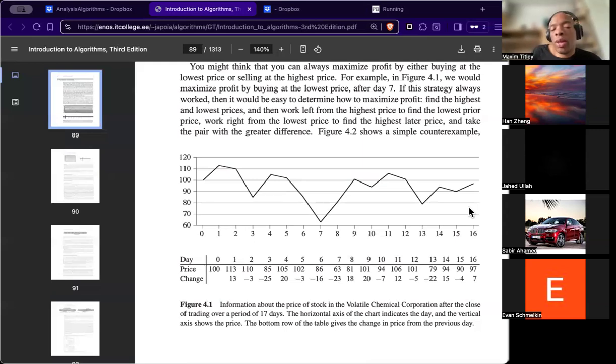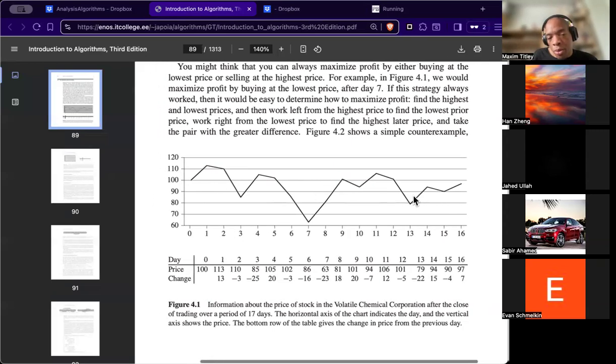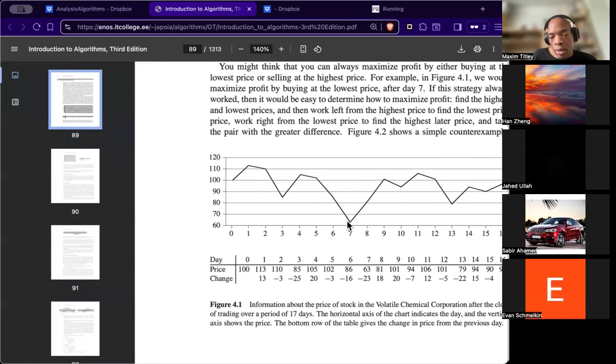Now, remember that we found that the highest profit would be found if we were buying at 7 and selling at 11. Okay, so it's not the same as 7 to 8 or 8 to 9 or 9 to 10, 10 to 11. That's why what we have to do is take data points and put them into an array.